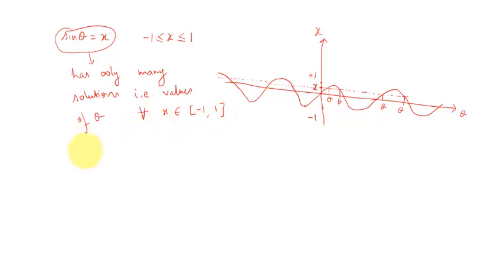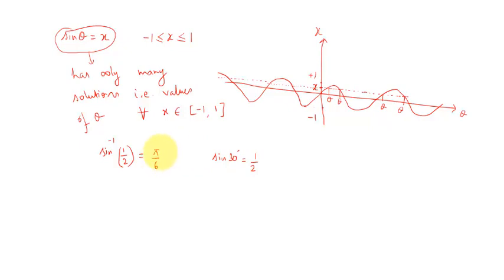But at the same time, if somebody asks you what will be the value of, suppose, sine inverse 1 by 2, then what answer immediately comes to our mind? That answer is pi by 6, because sine 30 degree, we know that sine 30 degree is 1 by 2, and 30 degree is pi by 6.